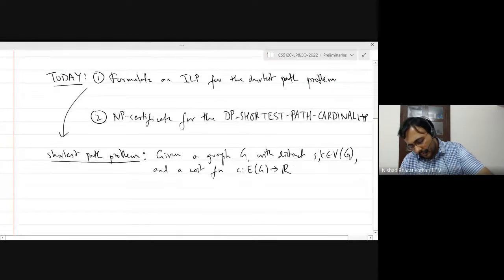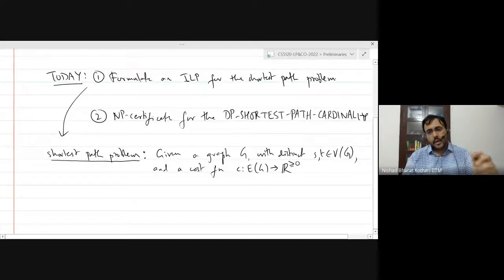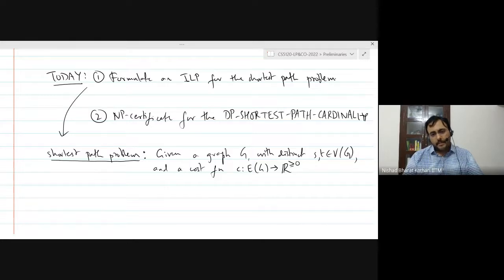And this we are going to assume is non-negative. This assumption we did not make in the perfect matchings case, but here this assumption is going to be important. Okay, and it also makes sense. Generally, distances are non-negative. So let's just consider this particular case.